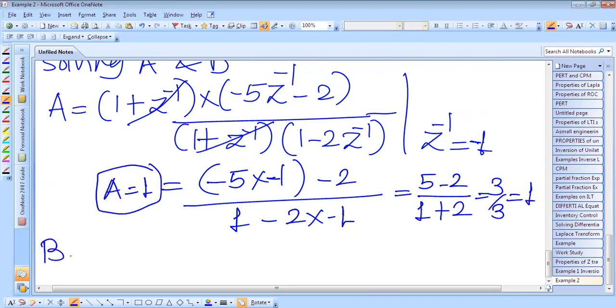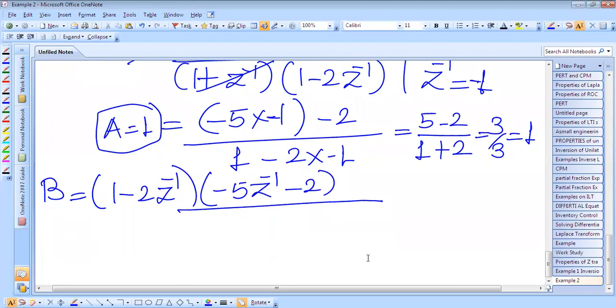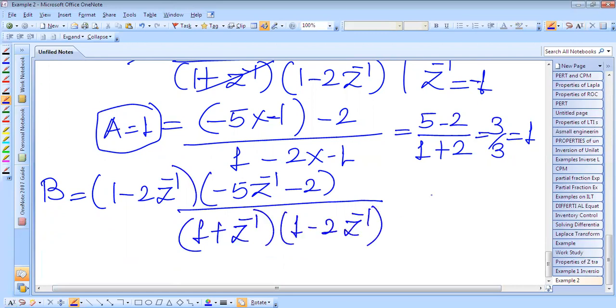I have to find the B also. 1 minus 2 z raised to power minus 1 into minus 5 z raised to power minus 1 minus 2 divided by 1 plus z raised to power minus 1, 1 minus 2 z raised to power minus 1, at z inverse is equal to 1 by half.